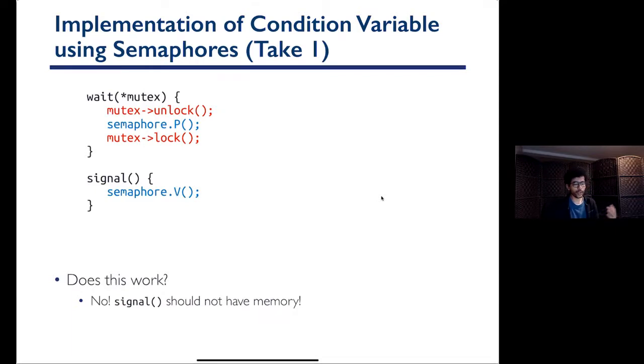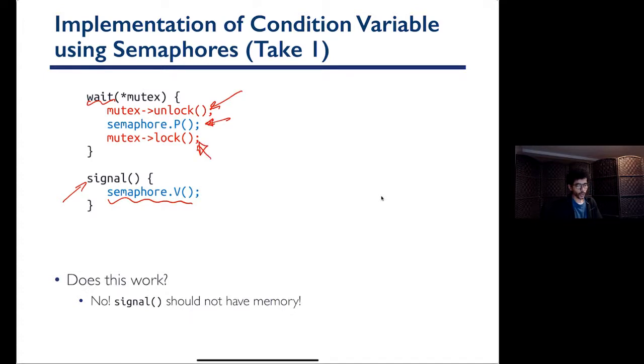We know that semaphores are as powerful as locks. So let's try to use them to implement condition variables. One implementation that you might think of is for signal, just use V, and for wait, we use P. So we unlock, we call P, and then we lock.